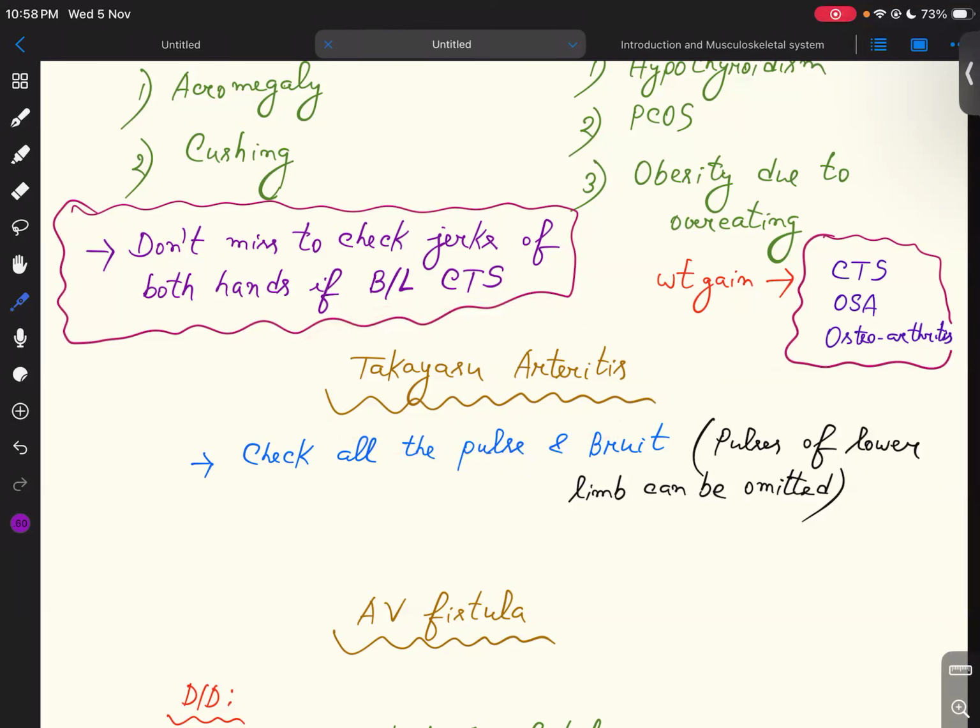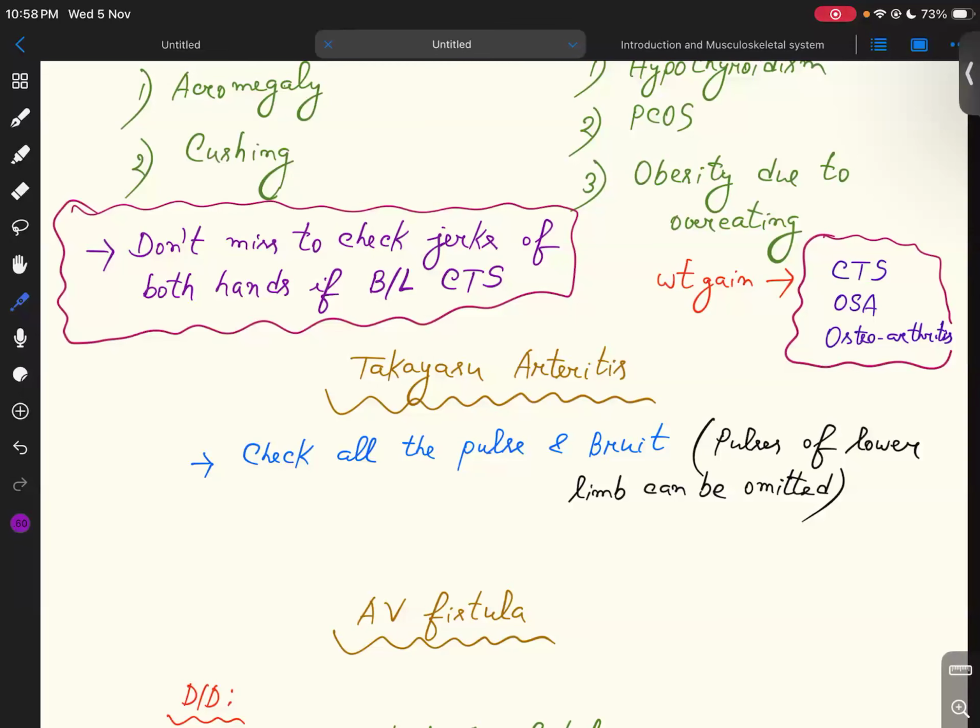What is important for Takayasu arteritis is that we have to check all the pulses, including the radial pulse, femoral pulse, all the pulses. We have to check for the radio-radial delay and the radiofemoral delay. And also we have to check for each bruit, like the carotid bruit, subclavian bruit, and also the renal bruit. But here, lower limb examination can be omitted. Why can it be omitted?